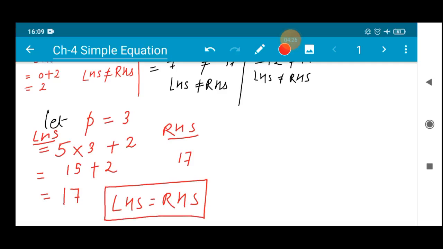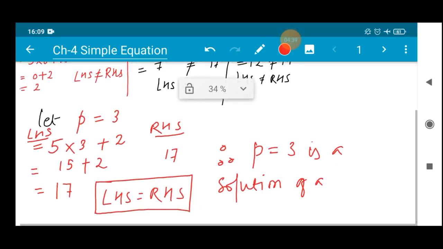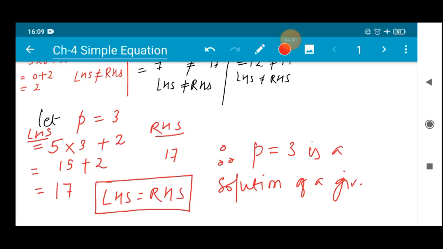So in this case LHS is equal to RHS. Therefore p is equal to 3 is a solution of the given equation. You can also write here: p is equal to 3 is a solution of the given equation.